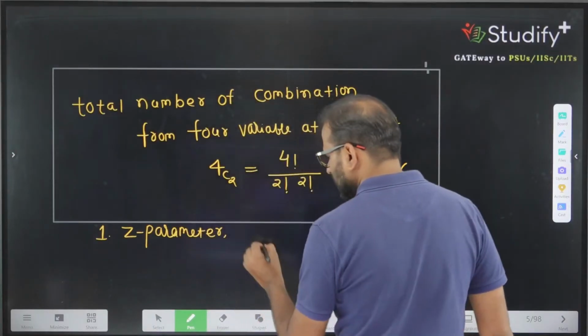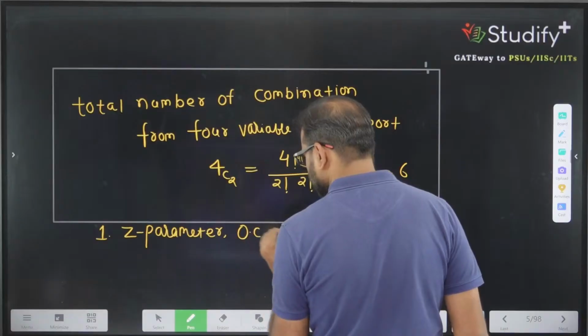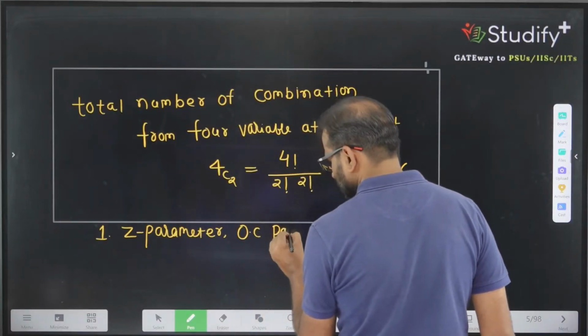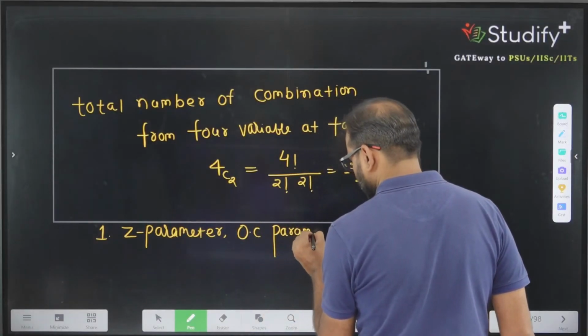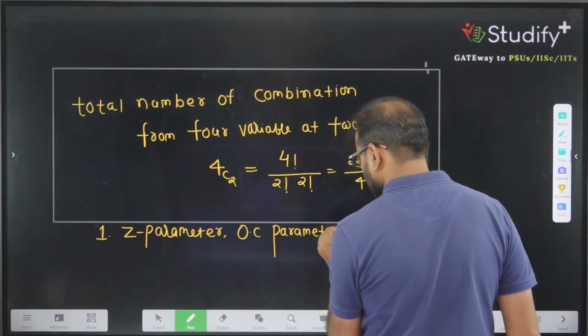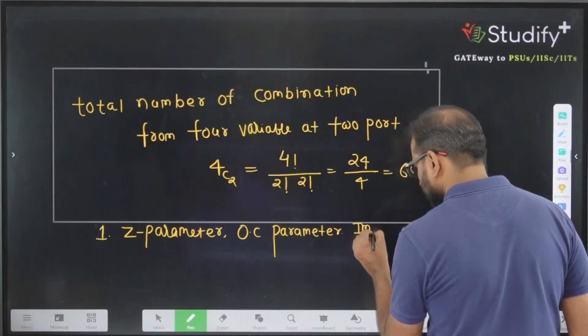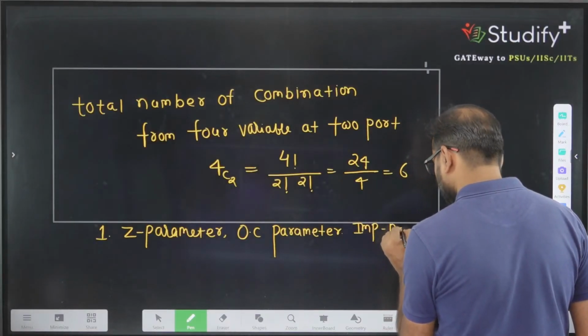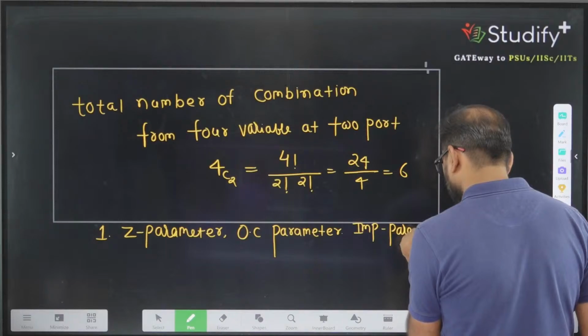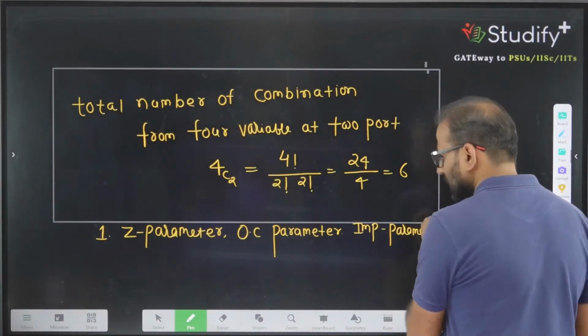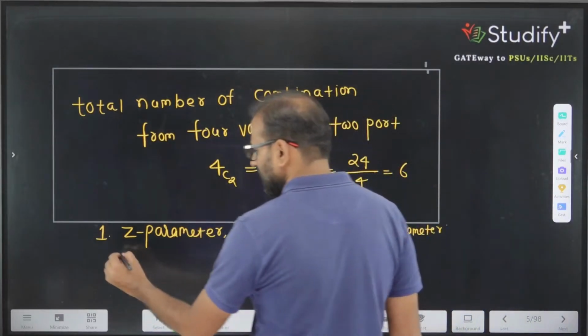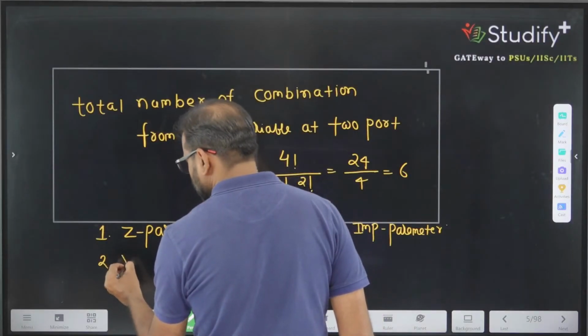Or also known as open circuited parameter. Or also known as impedance parameter. Then we know the second parameter is Y parameter.